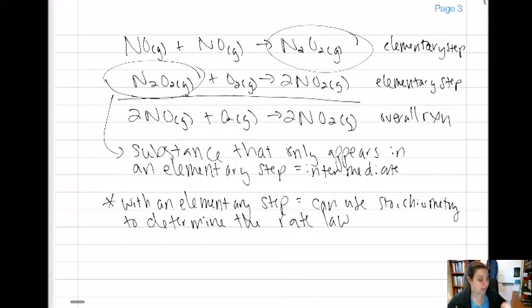Our molecularity itself basically tells us how many molecules are reacting in a given elementary step.